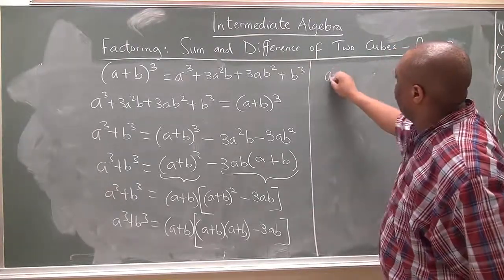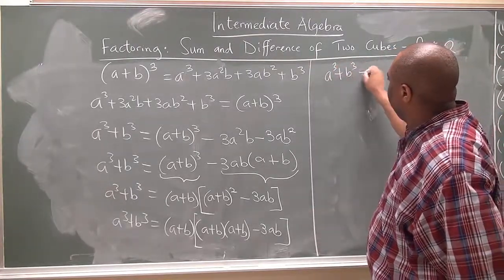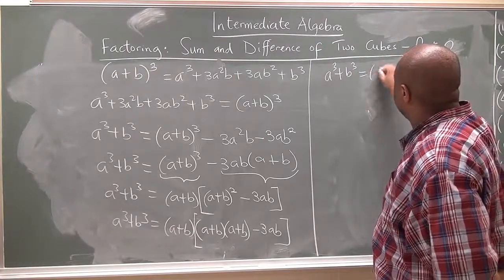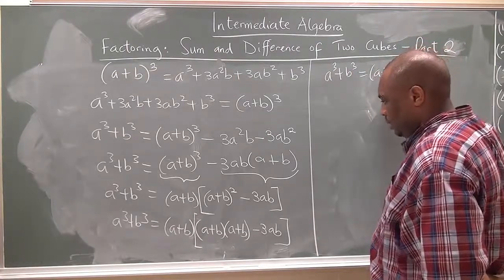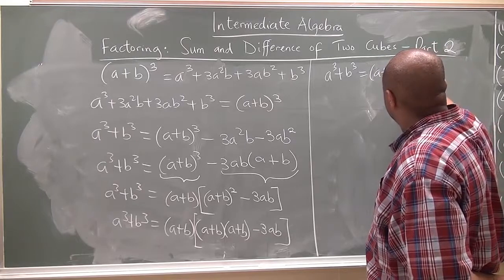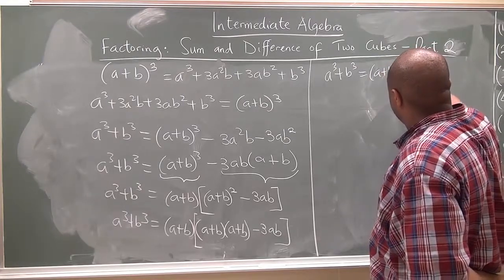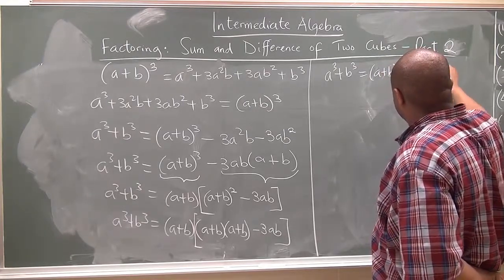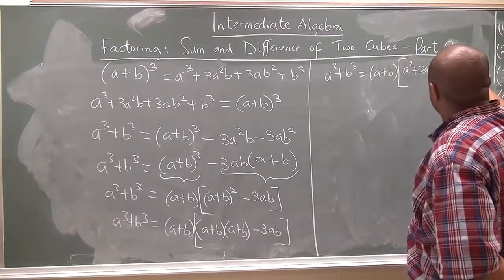This a cubed plus b cubed will now be a plus b times a squared plus 2ab plus b squared minus 3ab.